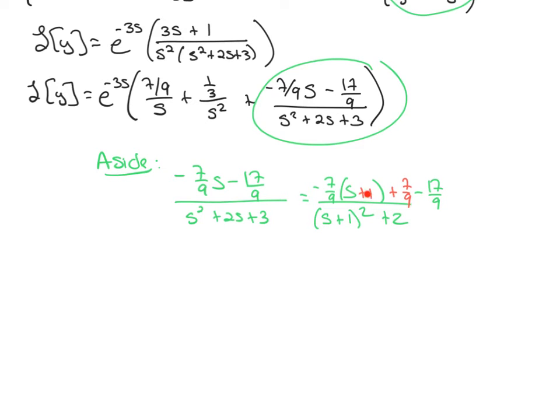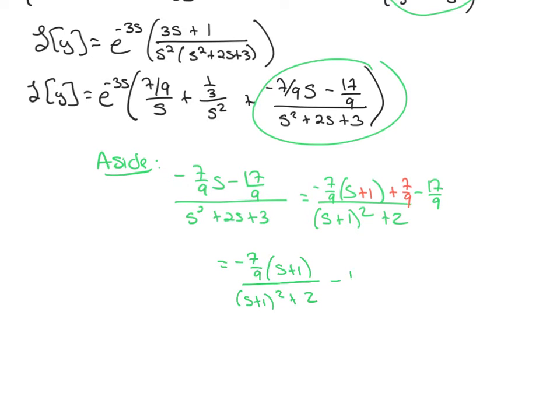So what we have in red right here is technically subtracting and then adding 7/9. So we've got negative 7/9 times s plus 1 over s plus 1 squared plus 2. A pretty decent cosine.